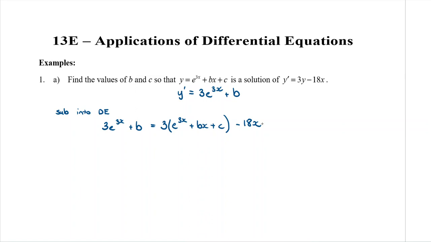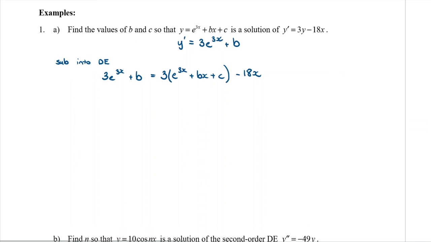And what I'm going to do is compare the different coefficients so that I can work out the b and c that are in there. So first of all, let's expand out those brackets. We have 3e to the 3x plus 3bx plus 3c minus 18x. You might even want to collect up your two x terms.